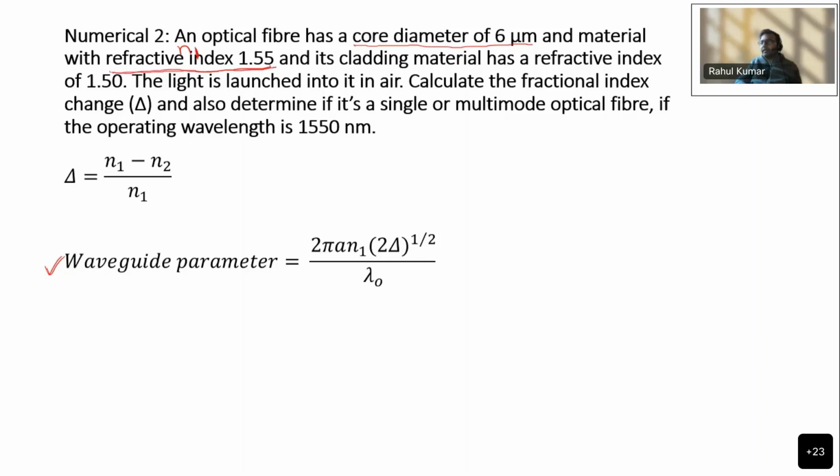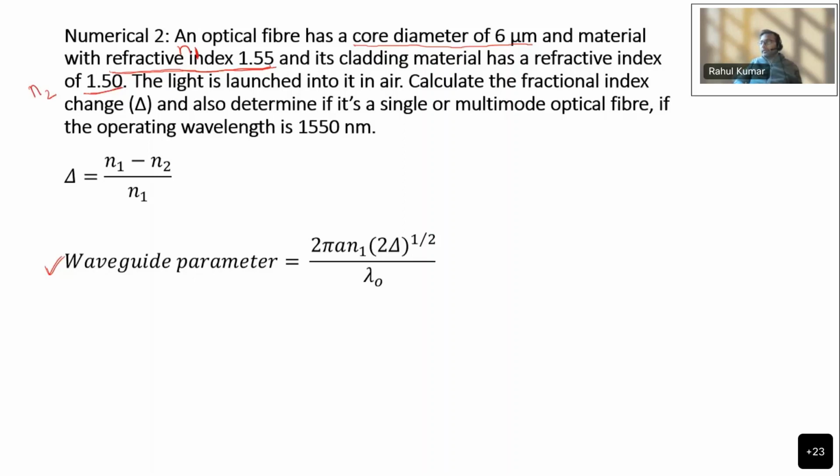That is the refractive index of core. It is 1.55, and refractive index of cladding N2, it is 1.5. Okay. The light is launched into it in air.